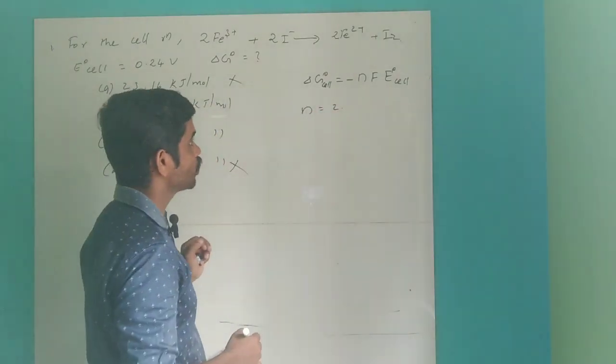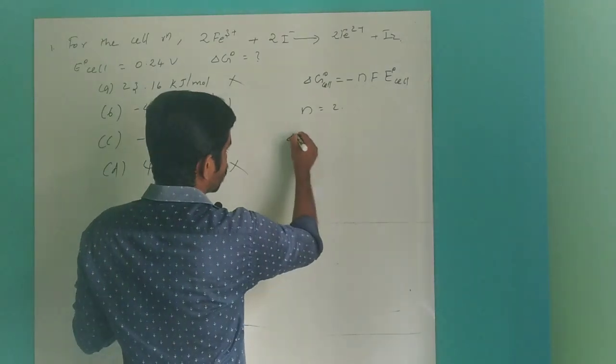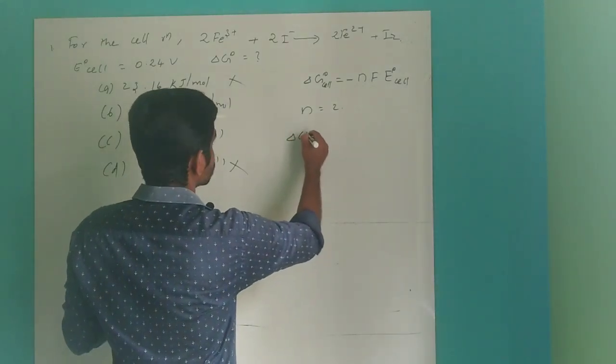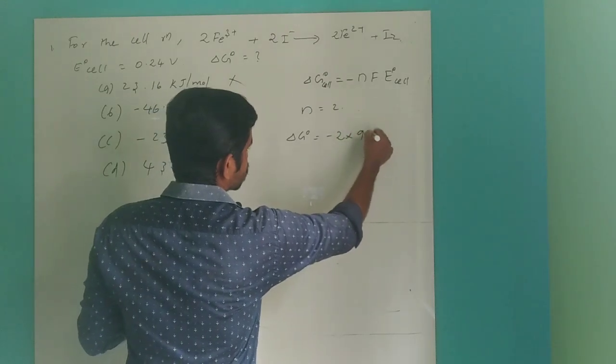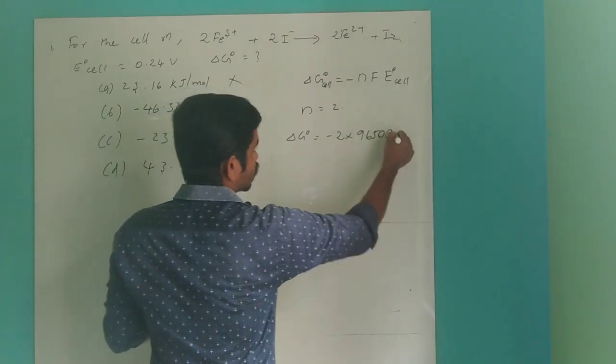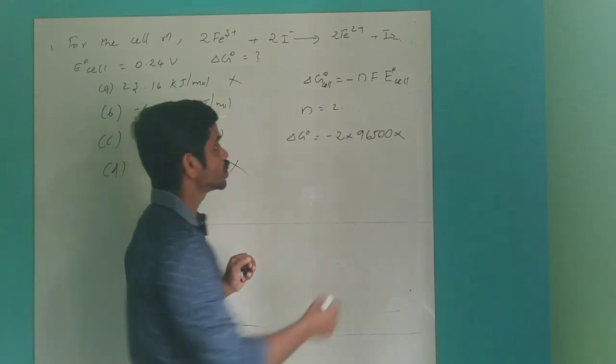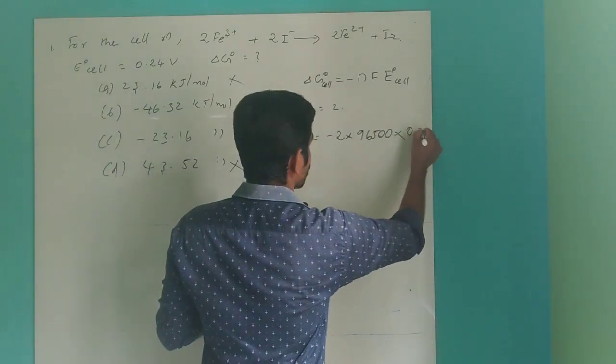Now give the values. Delta G0 is equal to minus 2 into F, which is 96500, into E0, which is 0.24.